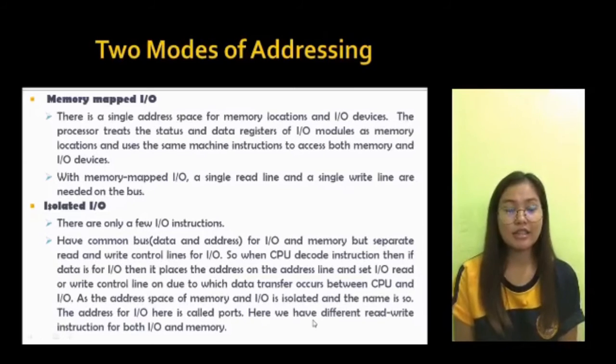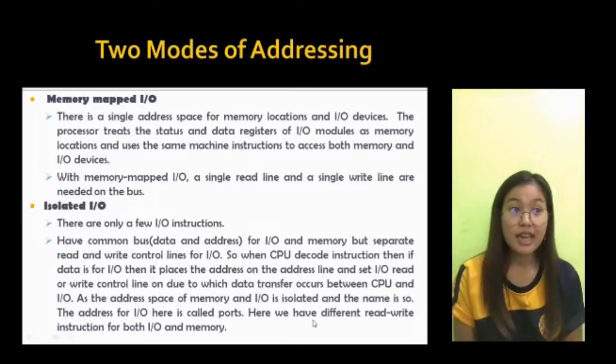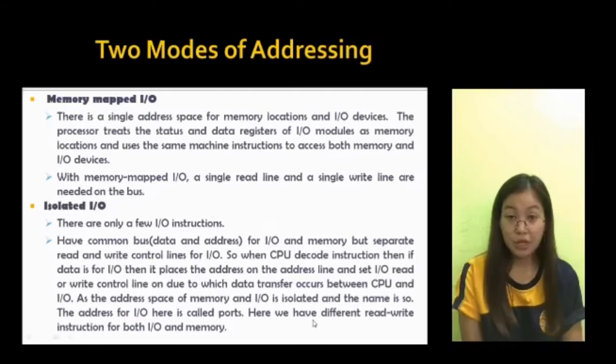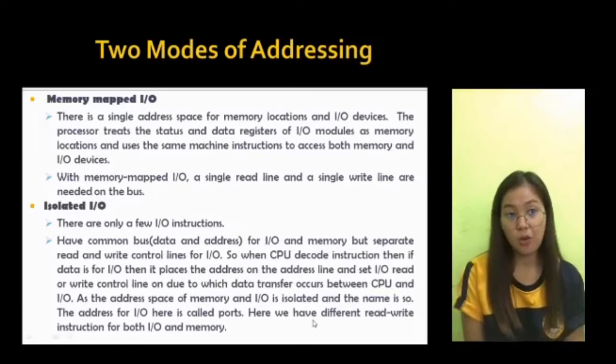On the other hand, in isolated I/O, there are only a few I/O instructions, and isolated I/O has a common bus for I/O and memory, but separate read and write control lines for I/O.